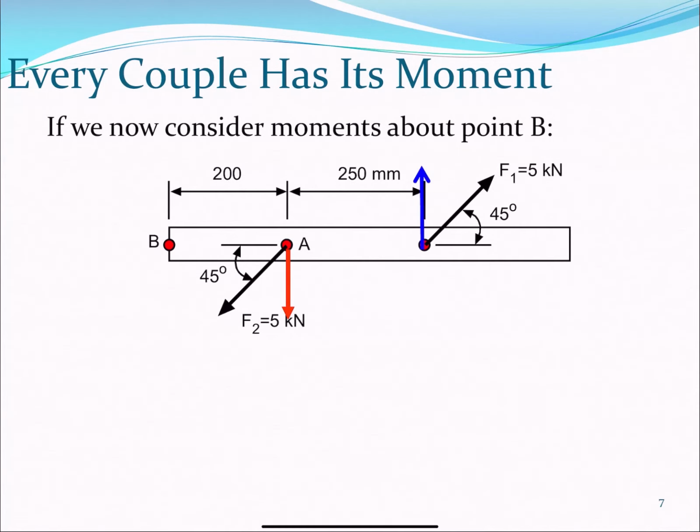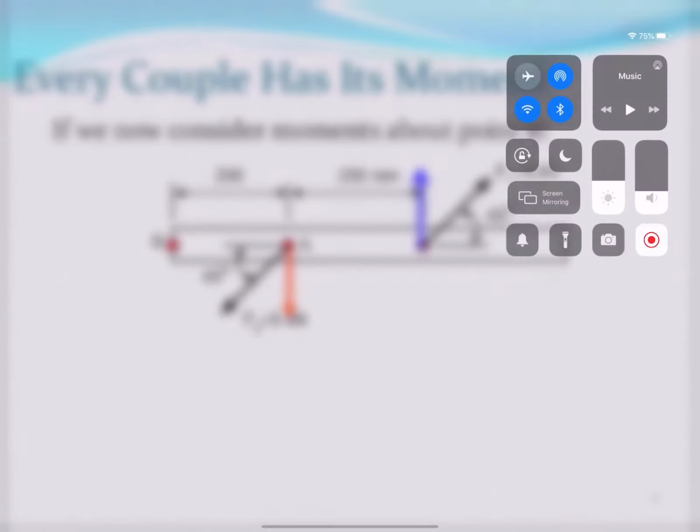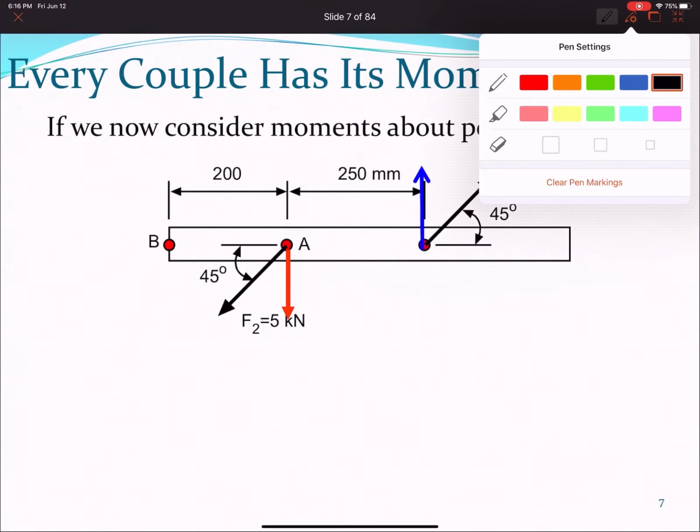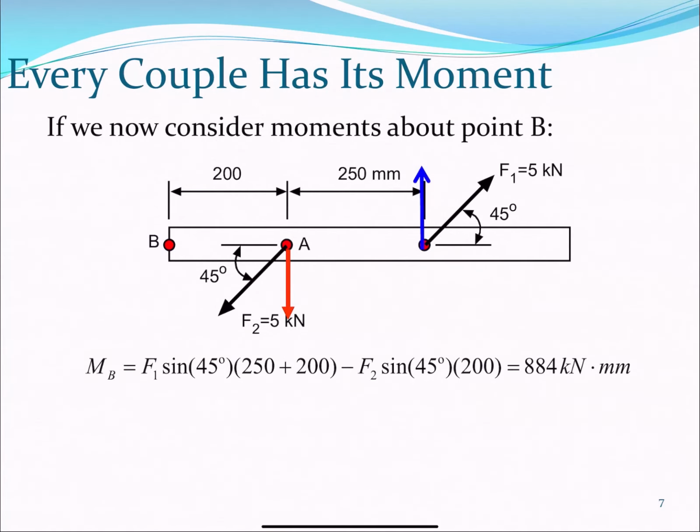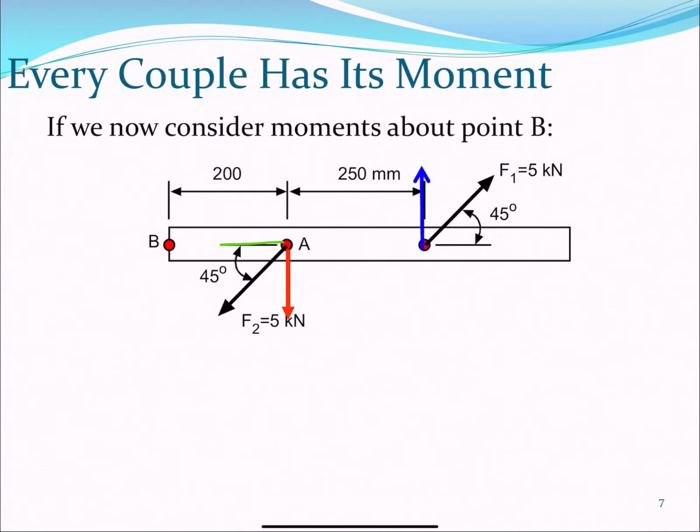So if we now consider moments about point B, let's use our nice green color here. Moments about point B. Okay, so let's get our components. These are the components that are missing, but both of the green components don't count because their lines of action pass through point A. And remember, the original force doesn't count anymore because we broke it down into components.